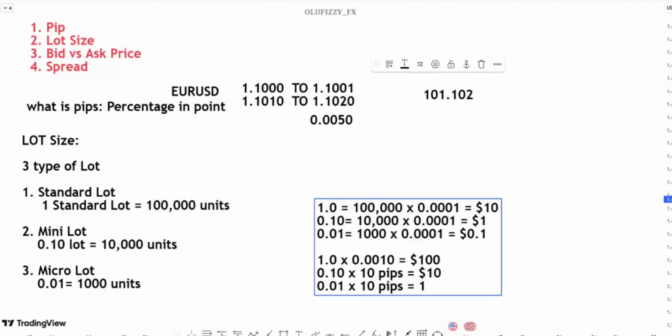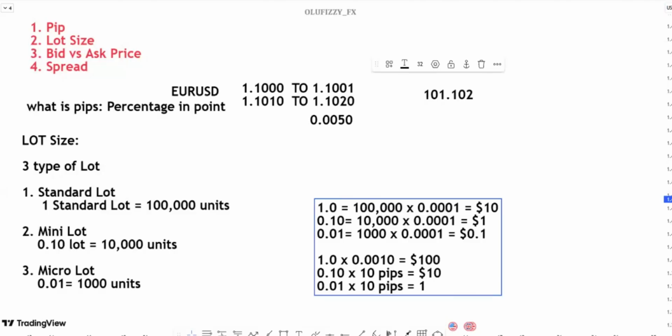So for some pairs, if price moves in your direction 1 pip and you use one standard lot, we say the actual value is $10, but some pairs can give you $7, some can be $8.